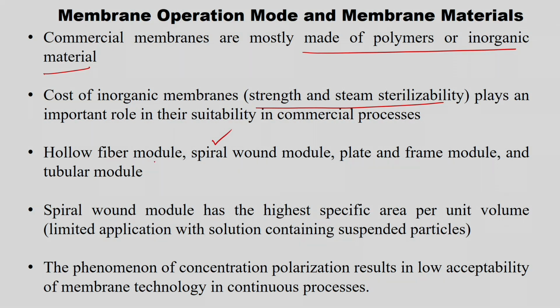One is the hollow fiber module, spiral wound, plate and frame, as well as the tubular module. The spiral wound module has the highest specific area per unit volume, and it has limited application with solutions containing suspended particles, because it cannot be used for a solution which has suspended particles.